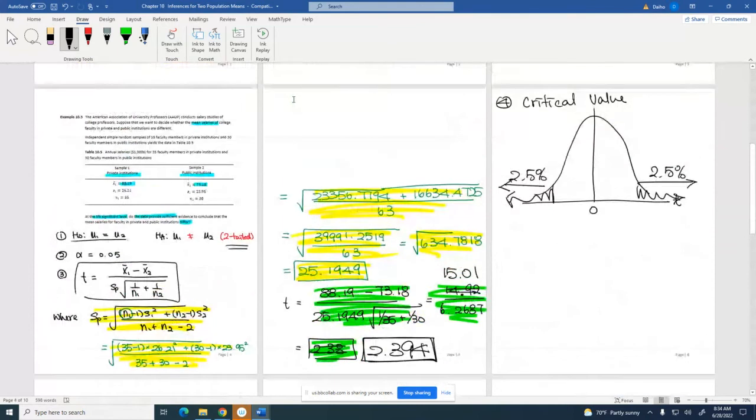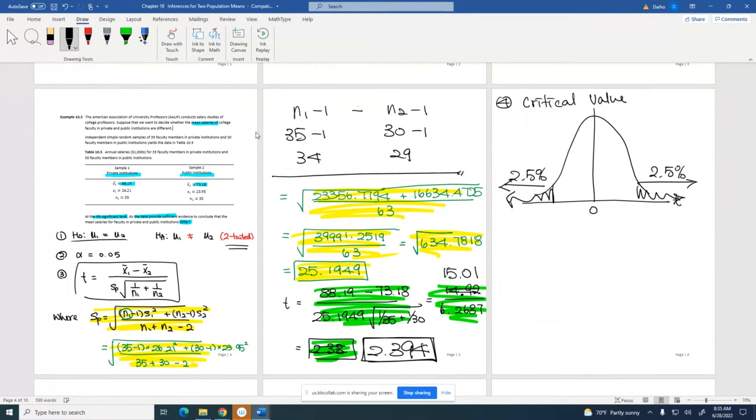So now, let me try here. n1 minus 1, n2 minus 1: 35 minus 1, 30 minus 1, 34 and 29. Simply just add.